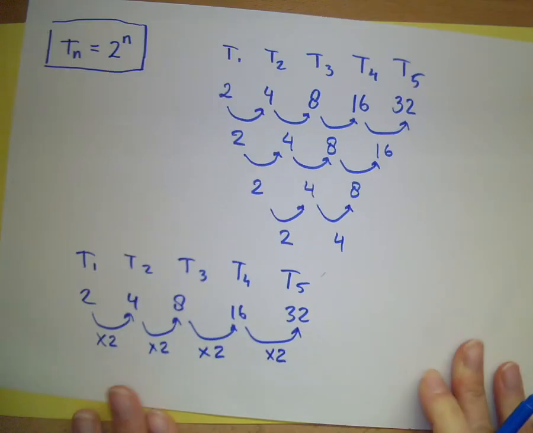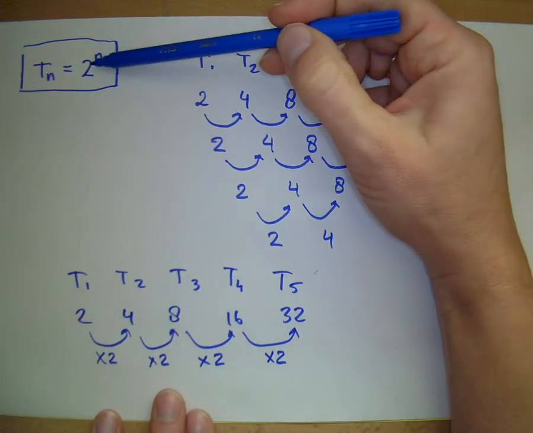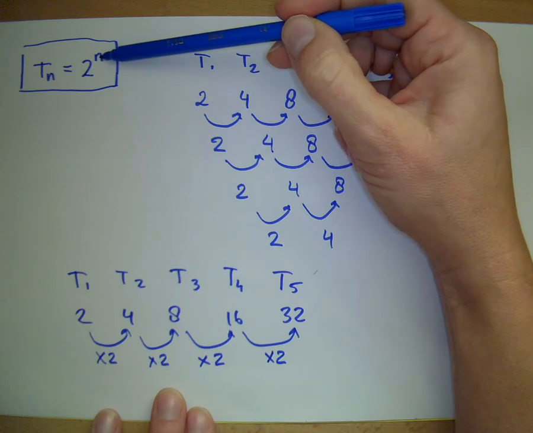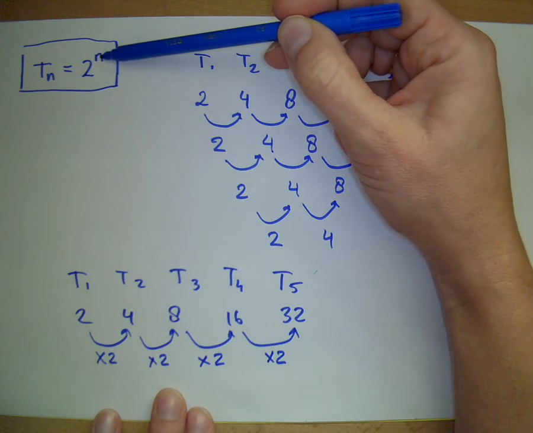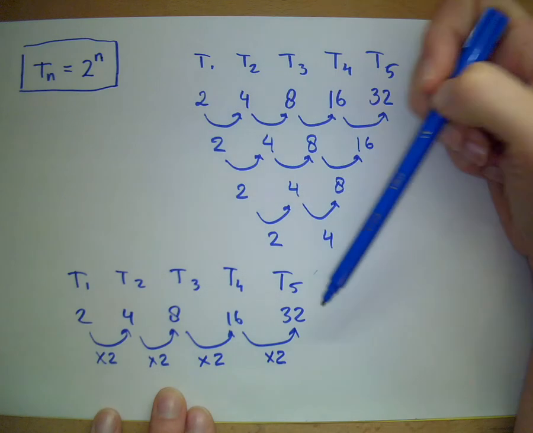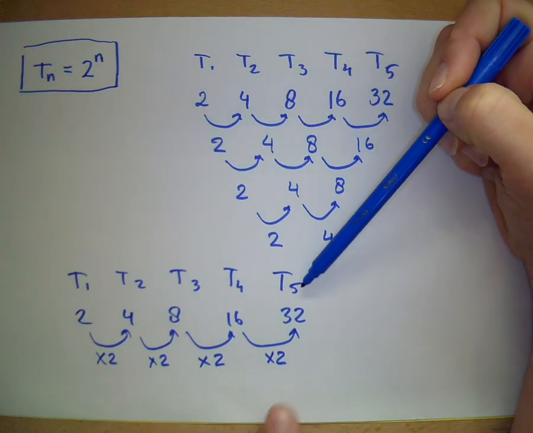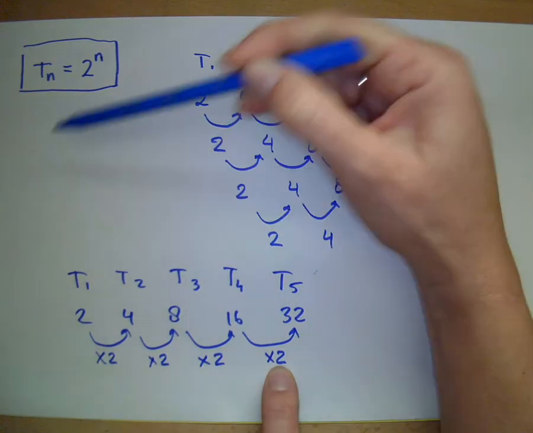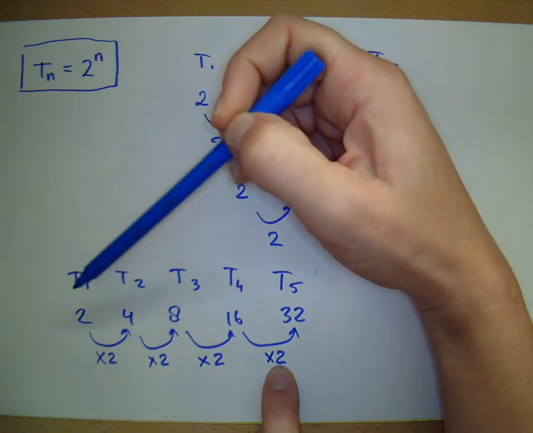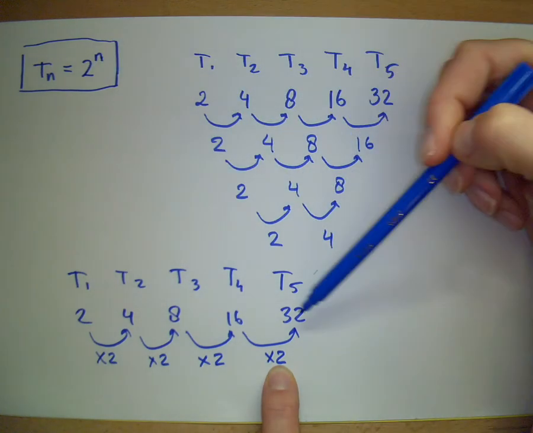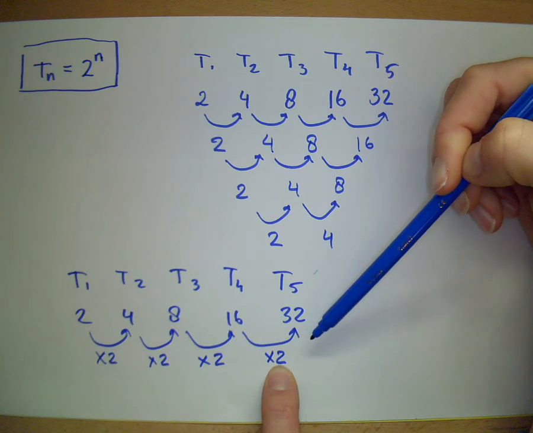Right? And the number of times we've multiplied by 2 is going to be this exponent, which is the number of the term, right? So the fifth term, we've multiplied 2 by itself 1, 2, 3, 4, 5 times. All right, cool.